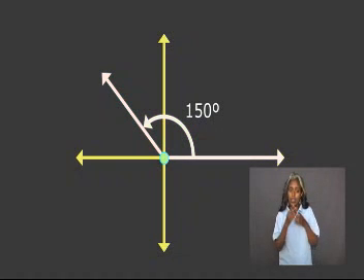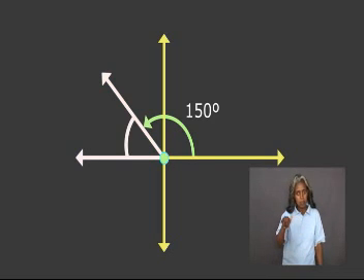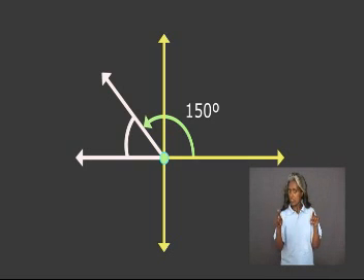You will see that the values of the trigonometric functions of a given angle and the values of the corresponding trigonometric functions of the reference angle are the same in absolute value, but they may differ in sign. That is, while the given angle may be positive, the reference angle may be negative, or vice versa.